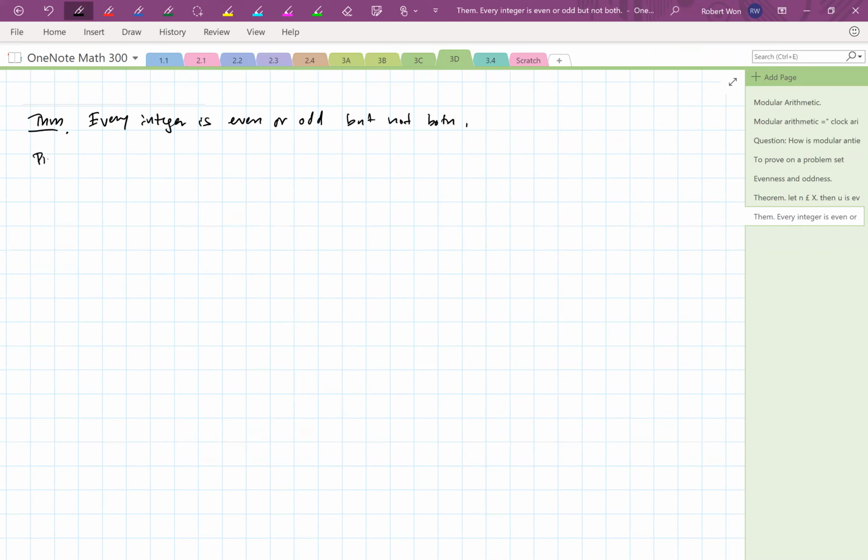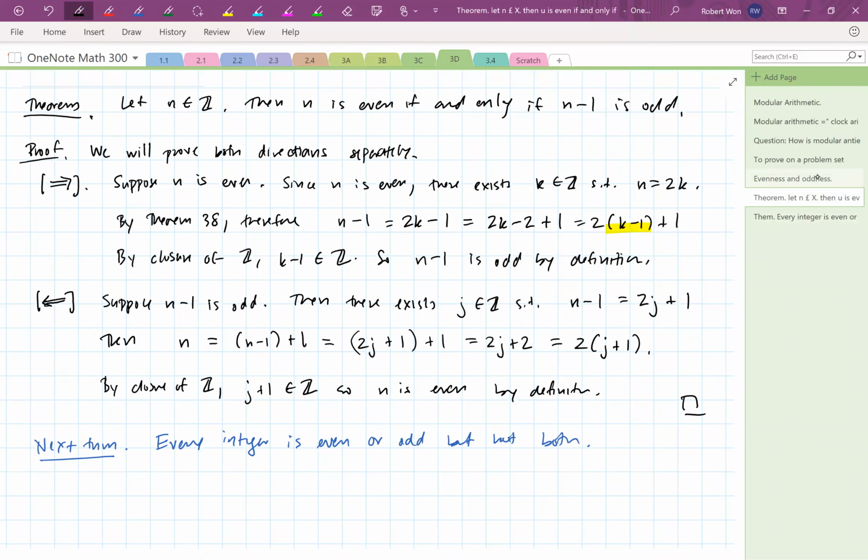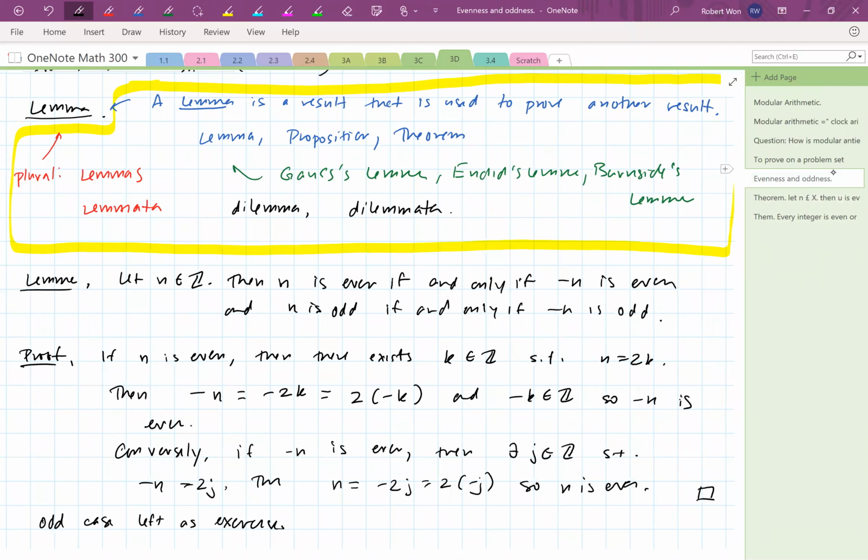For the proof, the first thing I'll do is prove it for the positive integers. If I prove it for the positive integers, then I can use this lemma, which relates the evenness or oddness of n to the evenness or oddness of negative n, to get it for all the negative integers as well.